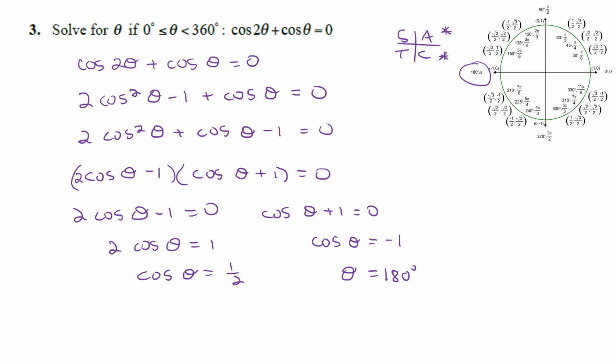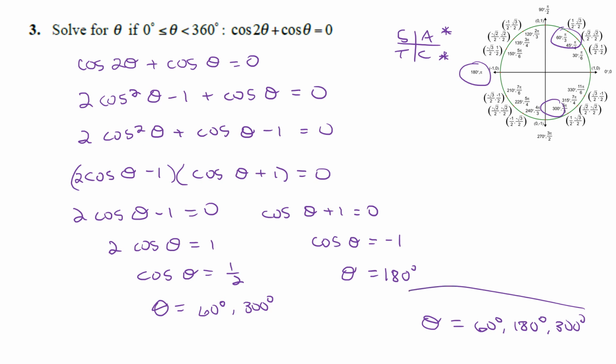So in quadrant 1, the cosine value of 60 degrees is 1/2, and the cosine value of 300 degrees is 1/2. So theta here for this factor can equal 60 degrees or 300 degrees. So the solution for theta for this problem is 60 degrees, 180 degrees, or 300 degrees.